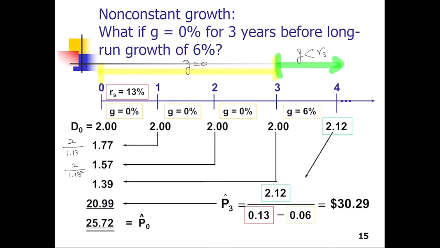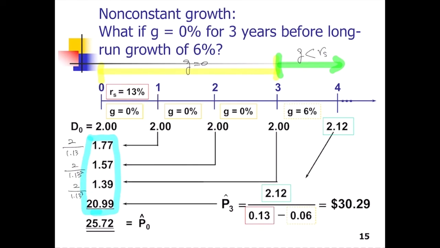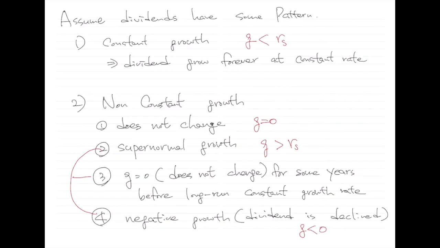And this number comes from the year 3 dividend, discounted 3 times. And the sum of these 4, you get the intrinsic value of this stock. Until now, we have seen an example where the dividend does not change for some years before the long-run constant growth rate.